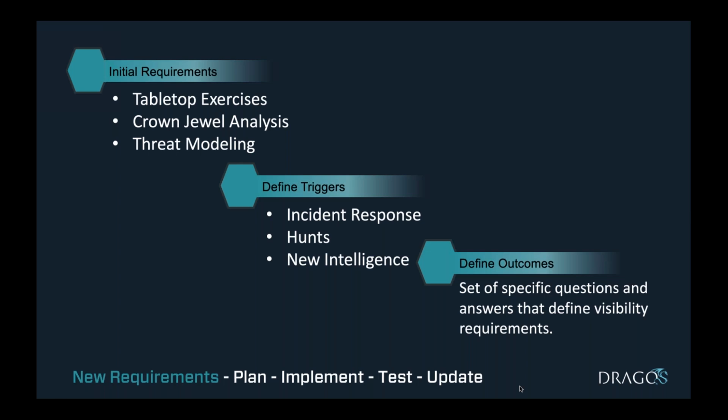These visibility requirements may be temporary or they may be sustained over time. But the goal here is to be able to articulate the mission of the facility, what's critical with the facility, and then map that to the security operations so that security operations both has insight into what that means and can begin to prioritize and defend those items.